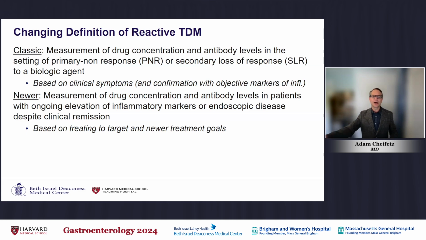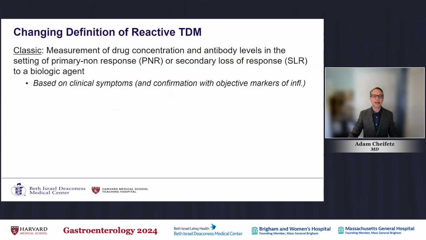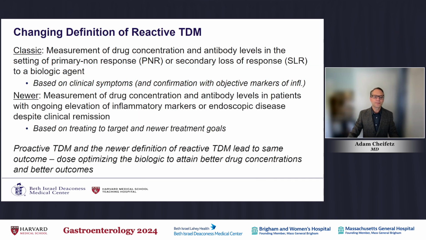And this is based on treat to target and newer treatment goals that I sort of touched on at the beginning. If you really look at this, proactive TDM, as I define, and the newer definition of reactive TDM really lead to the same outcomes. Dose optimizing the biologic agent to achieve better drug concentrations and better outcomes.